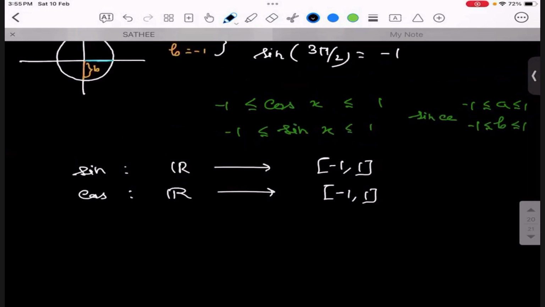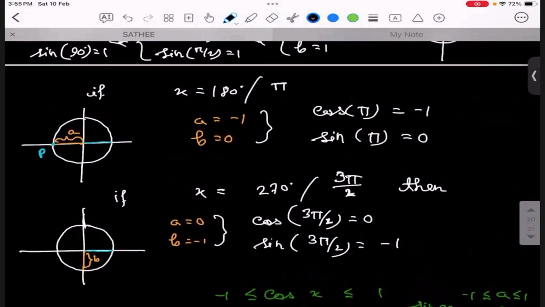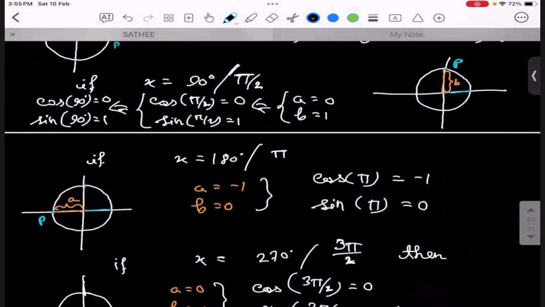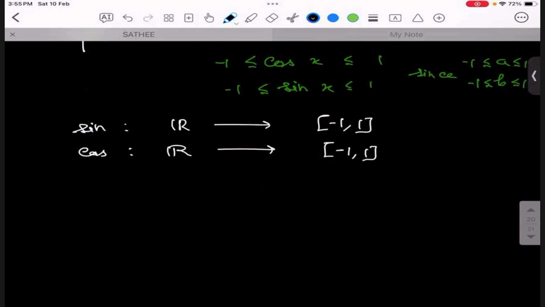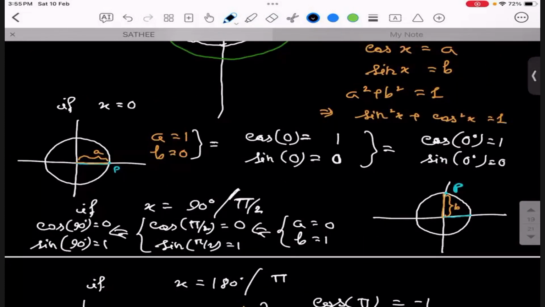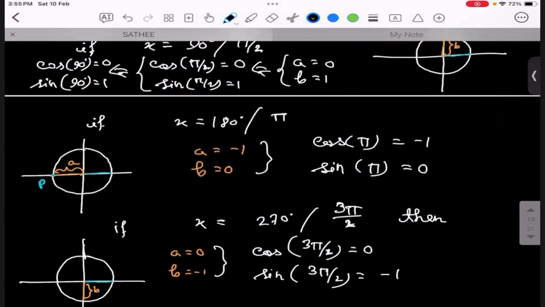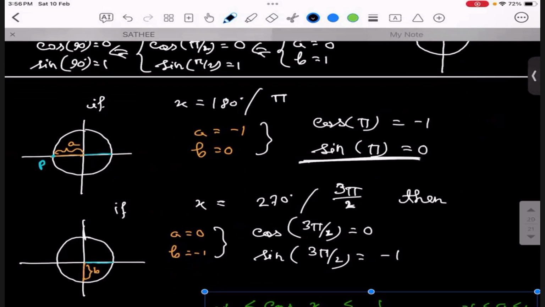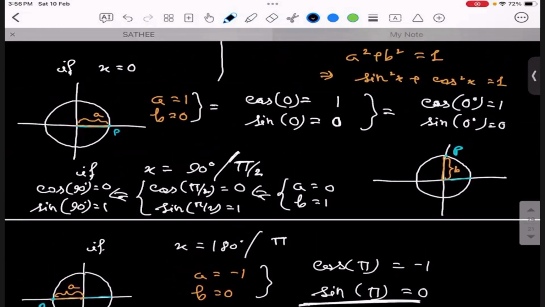Now we have said that after each 2 pi, the value of each function will get repeated. One thing you can observe is that cos pi by 2 is 0. Now if you add a pi distance, it will again arrive at 0, that is sine 2 pi, which equals sine 0.